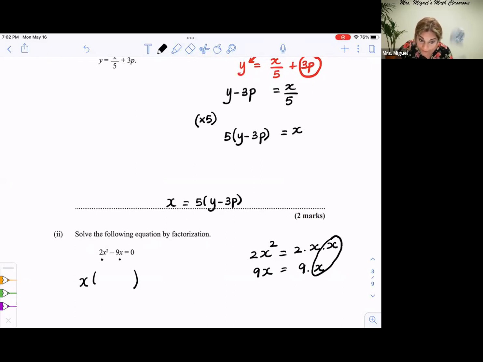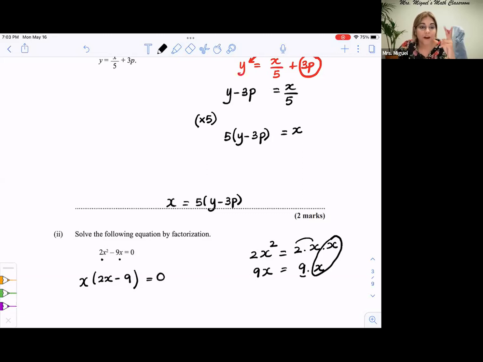And for my first term, I am left with 2x uncircled. I am keeping my subtraction sign, and 9 is not circled. Here I have factorized it. There was no need for me to use the quadratic formula because if you notice, I didn't have any constant. So it was easy for me to pull out the common factor.